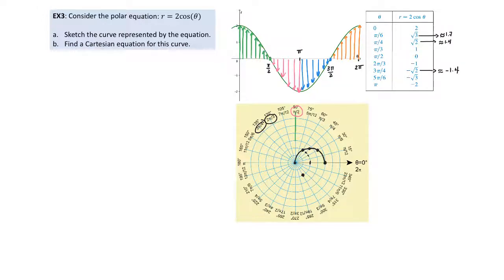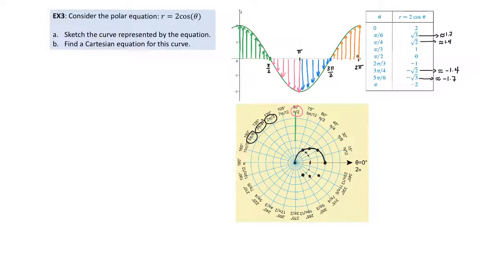So negative 1.4 approximately, here is negative 1, here is negative 2, so negative 1.4, let's put it somewhere here. And then negative root 3 is approximately negative 1.7. That happens at 5 pi over 6. Here is 5 pi over 6, but we're going to go in the opposite direction, negative 1.7. So this is negative 1, negative 2, so negative 1.7, let's say somewhere here.